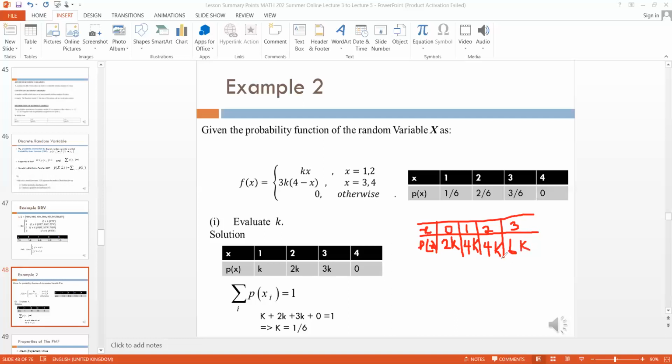Now what we have to do is add everything together. It must be equal to 1. So that will be 2k plus 4k plus 4k plus 6k is equal to 1.